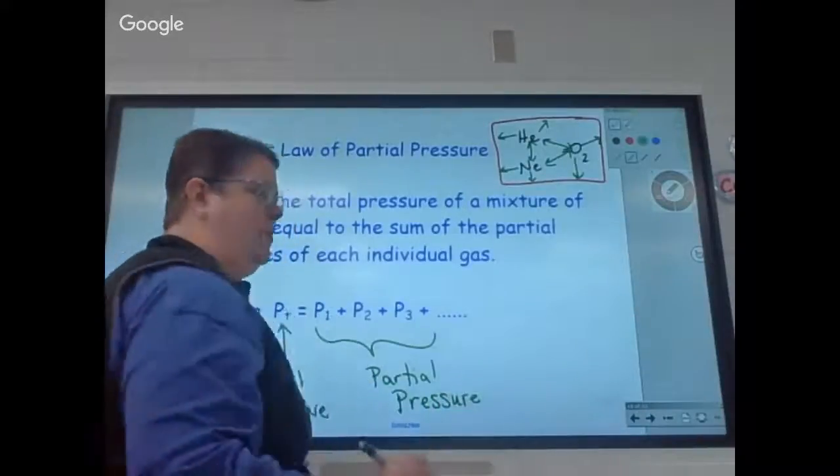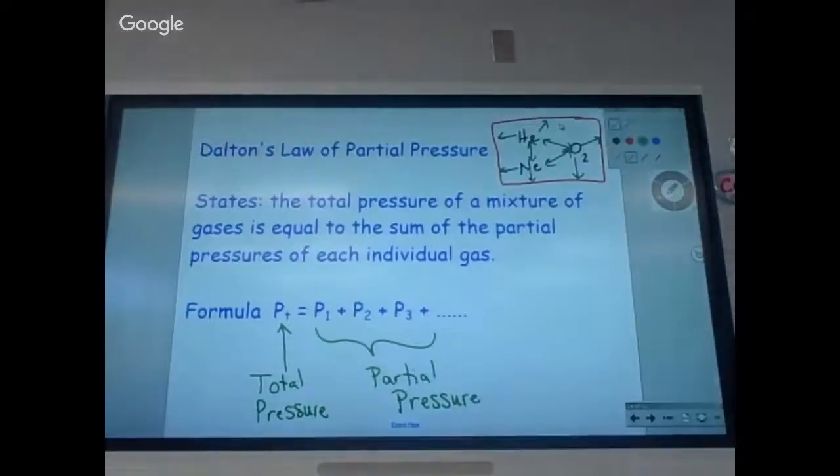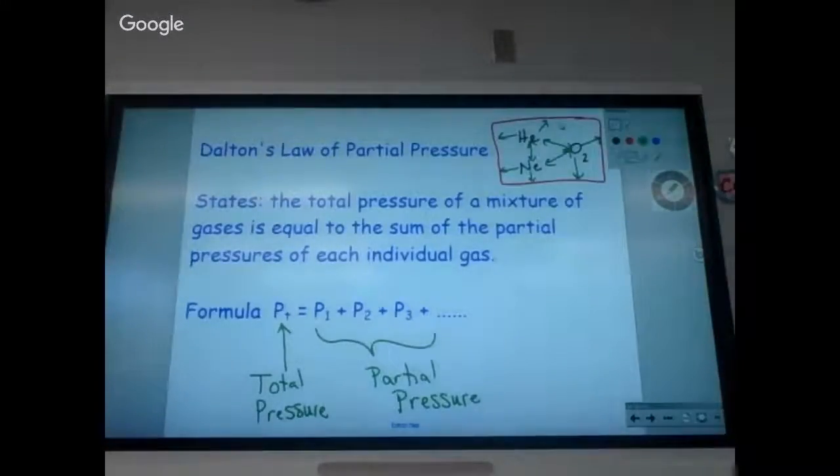And I would imagine in math class, you've seen formulas like this that have a plus with a dot behind it. That just means that that formula continues for the number of those variables you have. So in this particular case, I only had 3 gases, so we'd stop at P3.